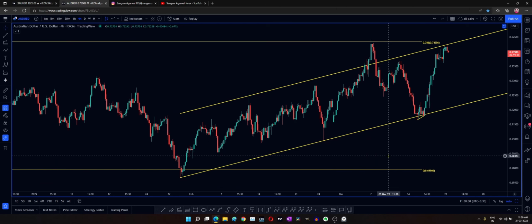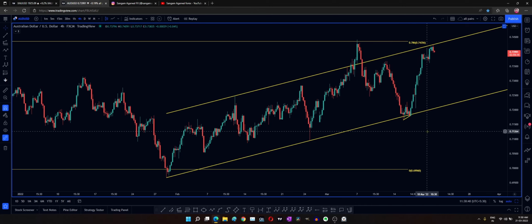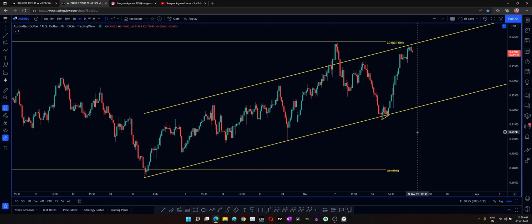So this is almost the same strategy which happened on EUR USD, then AUD USD, and now on USD CAD. The trend line is weekly, what you trade is on the H1 time frame.